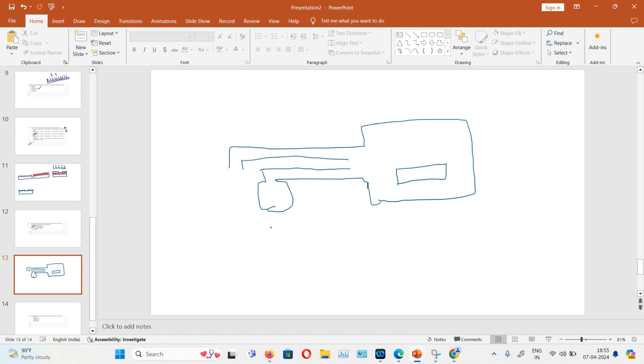The vapor comes here, gets reacted, and is deposited on the substrate in the chamber.